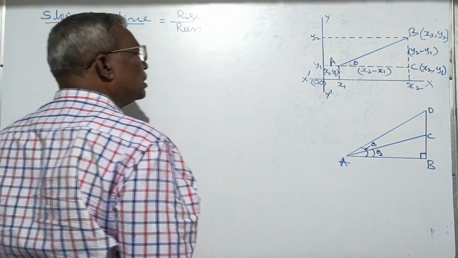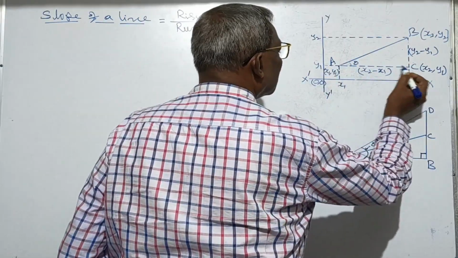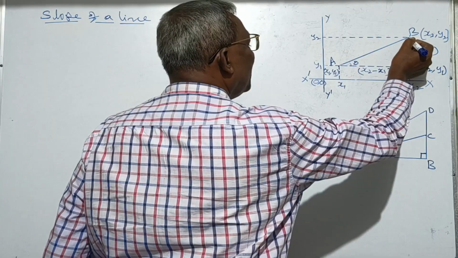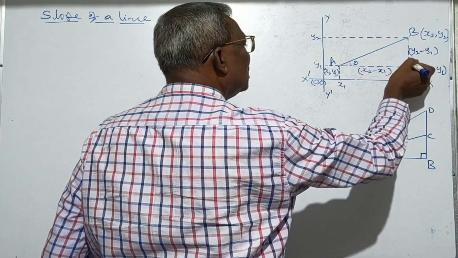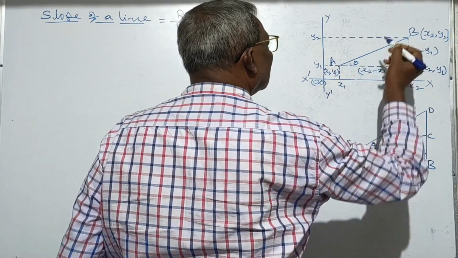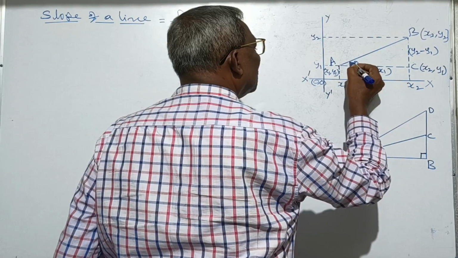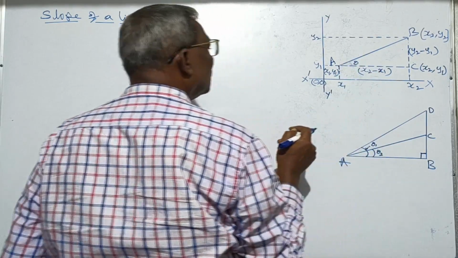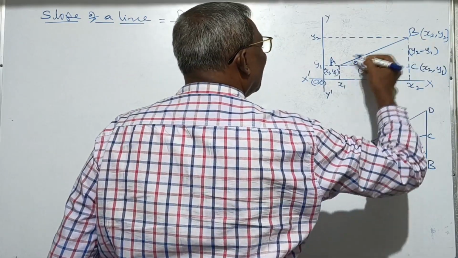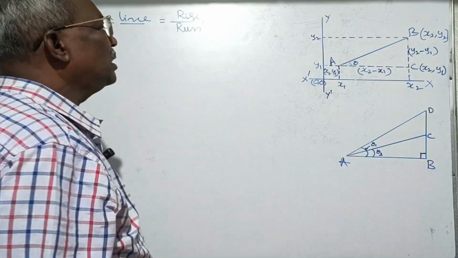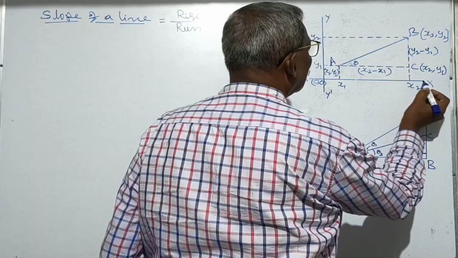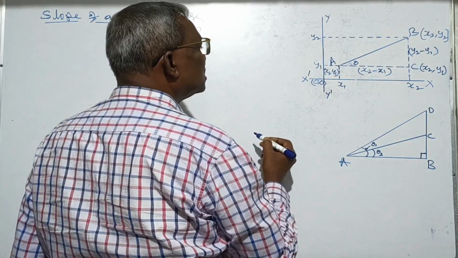Inclined means first it is a horizontal line, then at the B end it is rising up, and it made an inclined line. So it formed some angle. So we should find the slope of the line AB with reference to the x-axis.